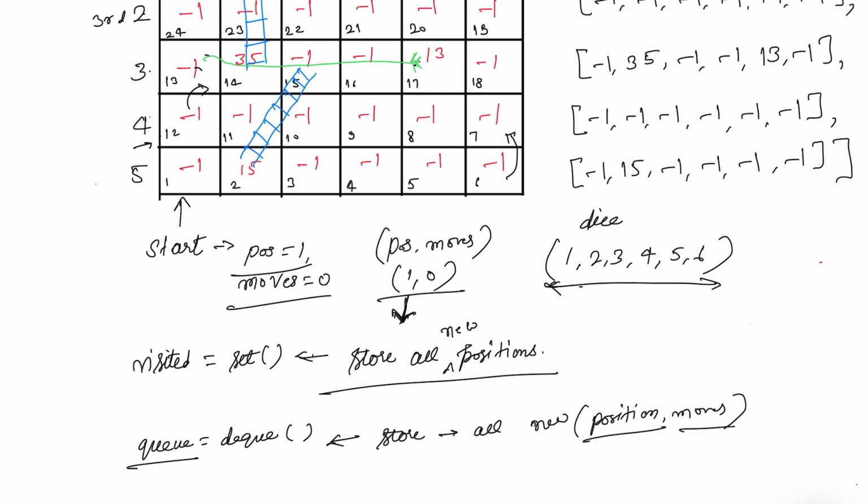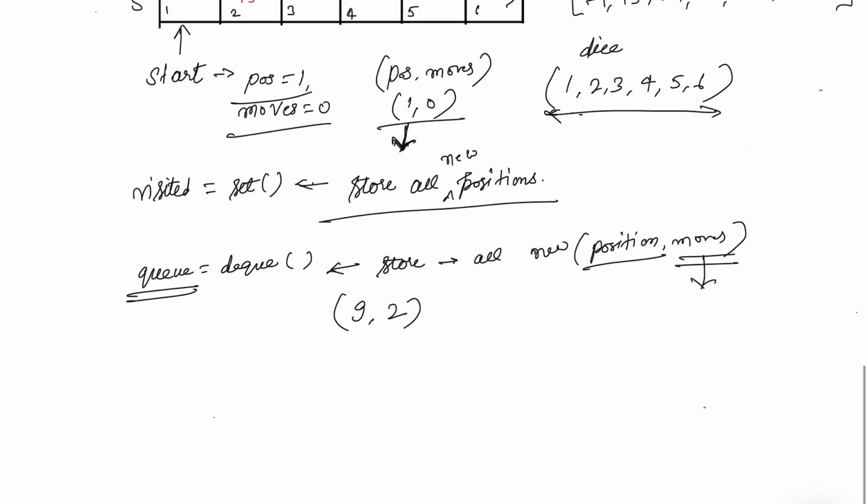Our final target is to reach the destination in the minimum number of moves. So inside this queue we will store only the position for whichever moves is minimum. Because see, if you are reaching 9 in 2 moves, or I am just taking an example, and you are also reaching 9 in 4 moves, then which one will you store inside this dq?